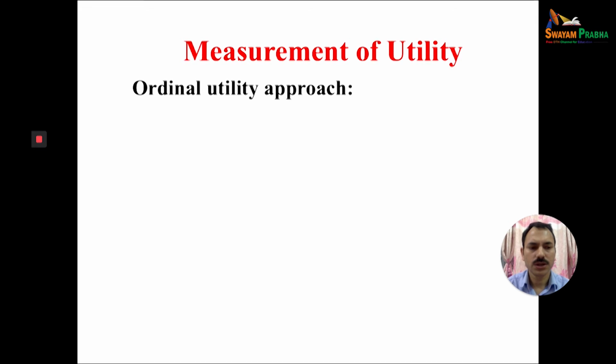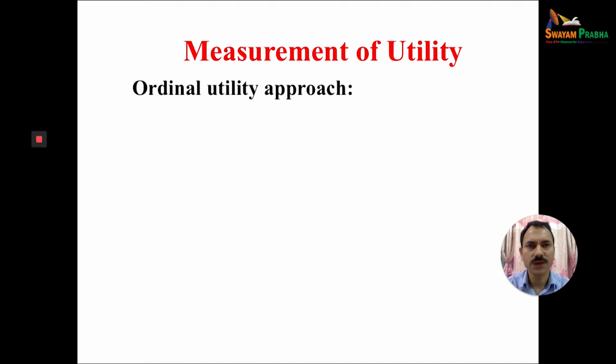This was the cardinal approach. There are two laws we'll discuss in the coming lecture under this approach: the law of diminishing marginal utility and the law of equi-marginal utility.